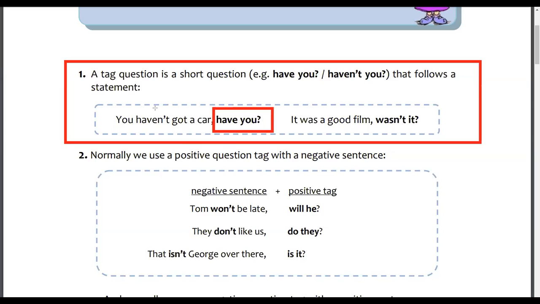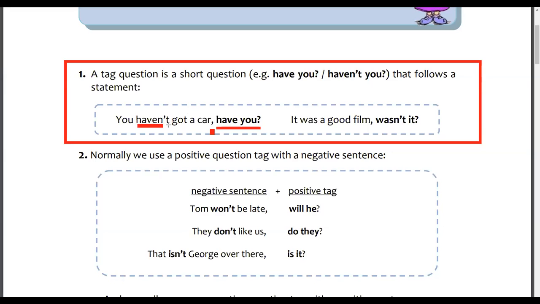So if this one that I am underlining right now is a negative statement, then after the comma you need to go with a tag question using this auxiliary verb in the opposite version, which is, if you have a negative one in the first clause, then you go with a positive one in the second clause.